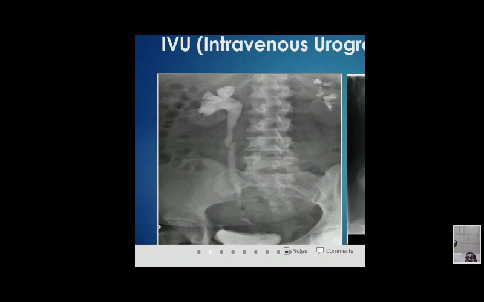It is the dilation of the pelvicalyceal system due to partial or intermittent obstruction to the outflow of the urine. That is called hydronephrosis. So what are the radiological features in favor of hydronephrosis?